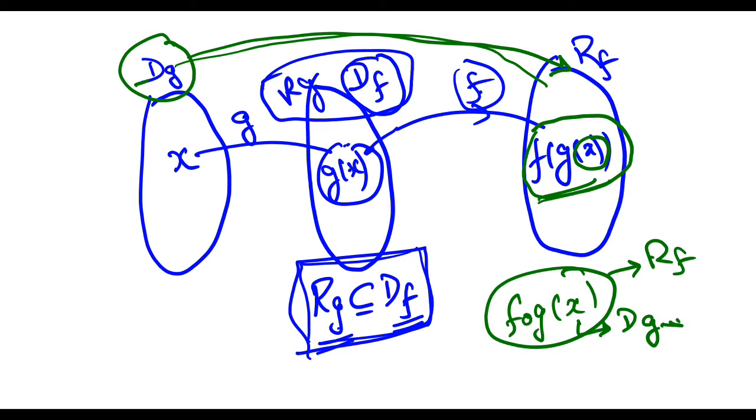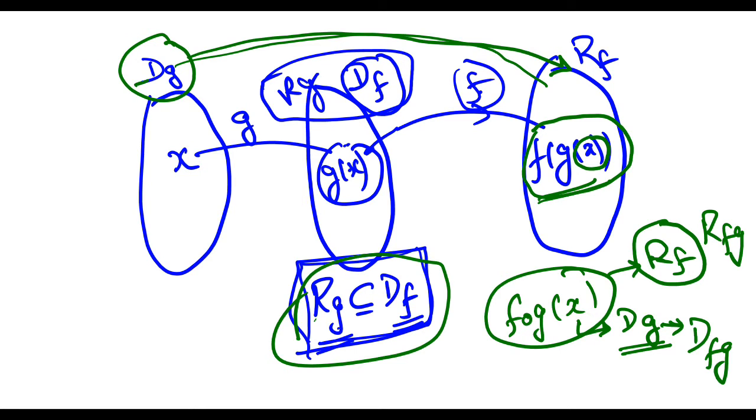Which means the domain of f of g is actually equal to the domain of g, and the range of f of g is actually the range of f. So this is all about domain and range of composition of functions. You need to have this condition and you need to know what is the domain of the final output.